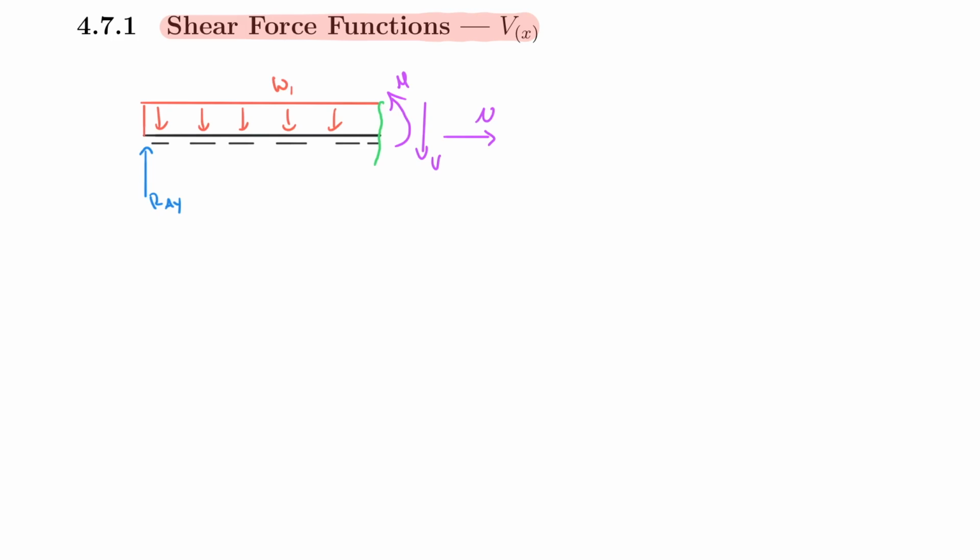And you have seen this before, and usually the distance here was a finite increment. So let's say from here to here we used to have 3 meters, and then we were usually able to calculate it if we had numerical values for our support reaction and our distributed force.